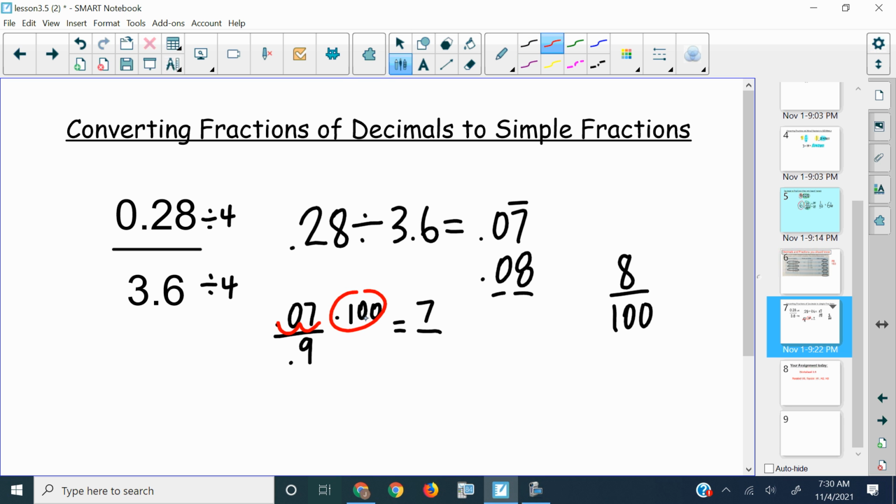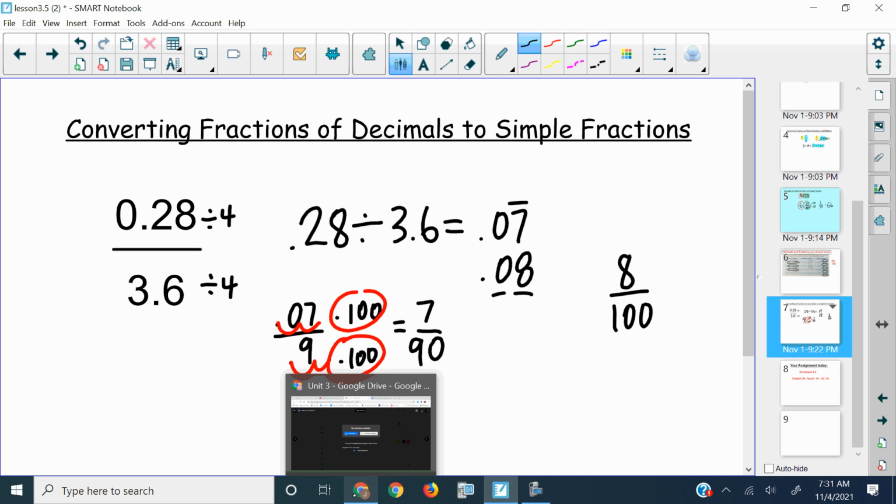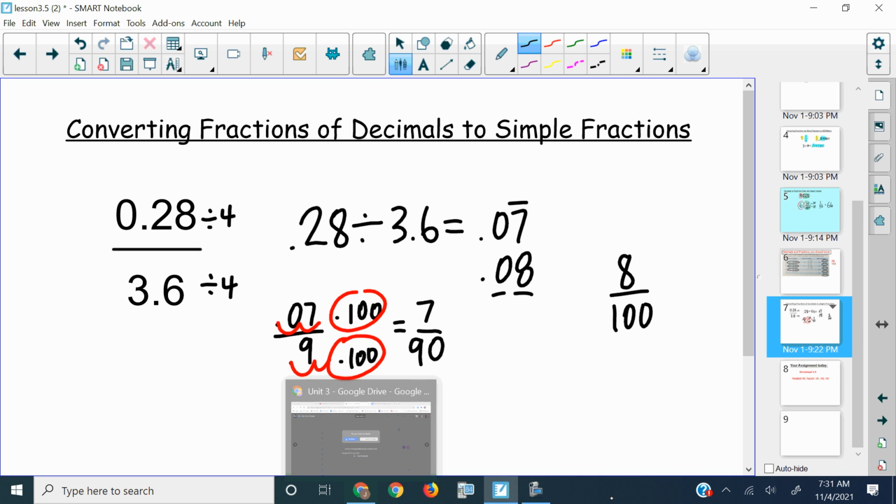I'm going to multiply by 100 down here, and it's going to move it 2 places. Okay, and that's going to be 7 out of 90. So, you know, this is quite close to 8 out of 100, but it's exactly 7/90. That gives us our exact answer for this fraction.